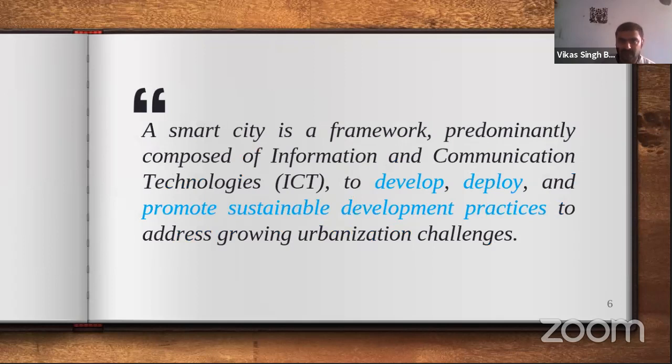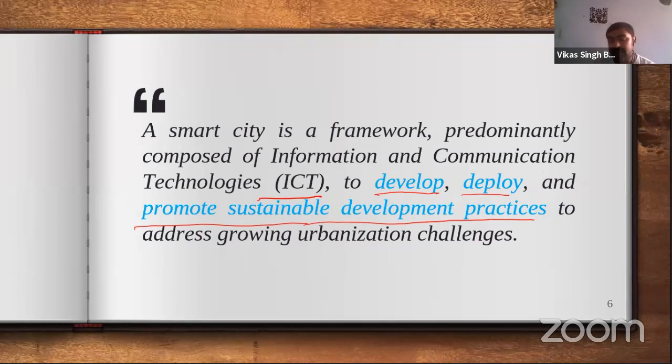In this framework, again they will use ICT technologies for development and deployment, for the purpose of promoting sustainable development practices, meaning to increase the comfort level of residents and to improve the facilities for the residents in that particular city, with the help of ICT technologies.